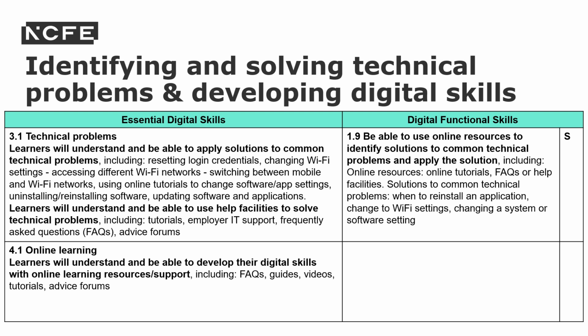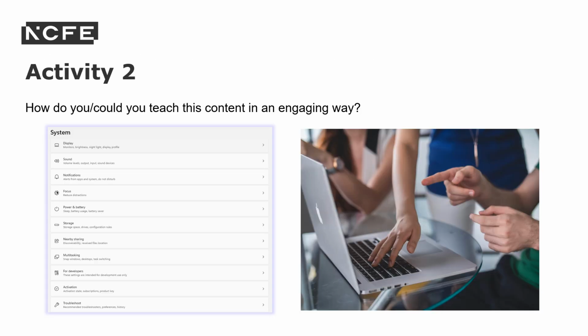So it's shown here on the slide separately and not having a corresponding learning outcome for digital functional skills. And again, you can pause the recording and come back to it and think for yourself, how do you or how could you teach this content in an engaging way?